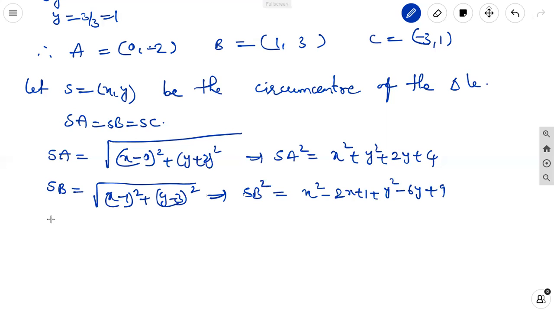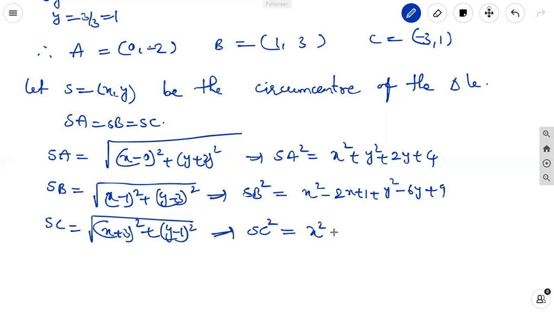Now equating SC equal to under root of (x plus 3) whole square plus (y minus 1) whole square. Squaring on both sides, SC square equal to x square plus 6x plus 9 plus y square minus 2y plus 1.